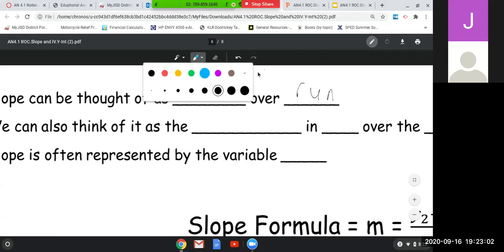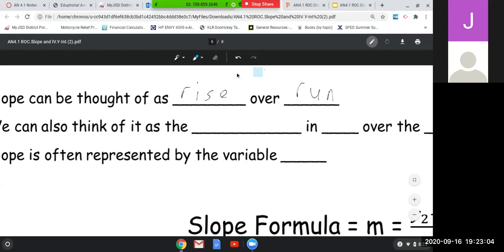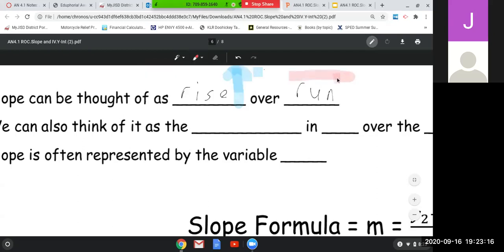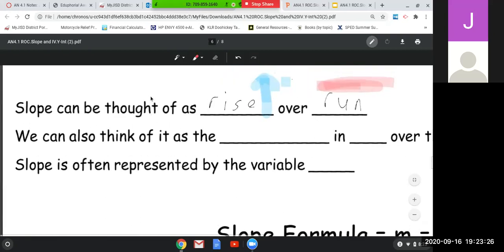Blue, we'll make that our rise. We'll say rise, which means up and down. And then rise over run, and run is left and right. Okay, slope can be thought of as rise over run.